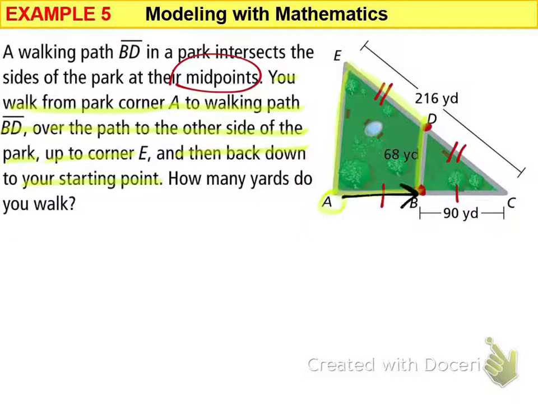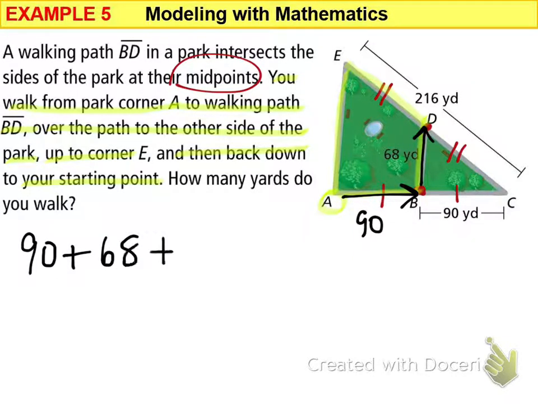What is the length from A to B? 90, because this was the midpoint. Good. AB and BC are the same. So 90. And then I walk across the path, which is 68. Then I walk up to corner E. How will I find from D to E?